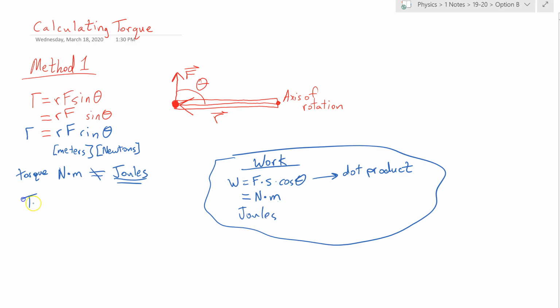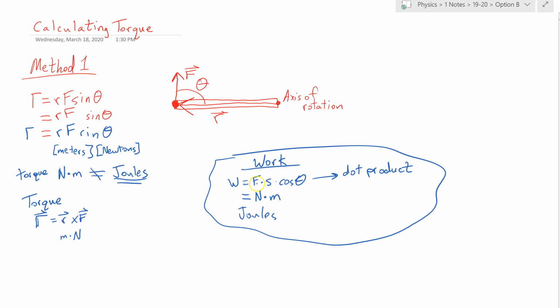For torque, we are actually calculating a cross product, and the result is itself a vector, and the units of meters times newtons have a different relationship to each other than they do when you calculate work.